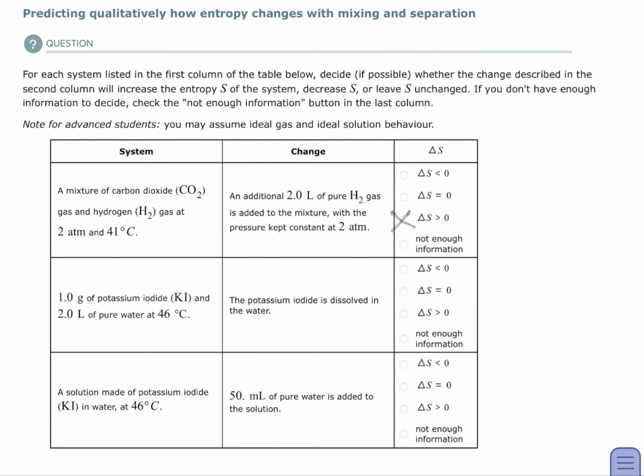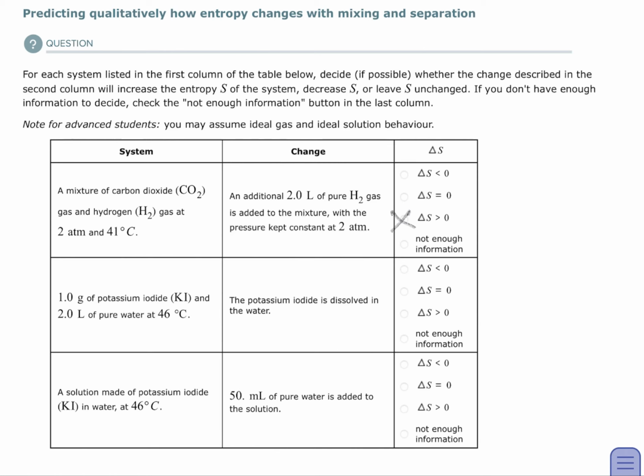So if temperature is constant and the total volume doesn't move, then those are your only exits on the highway. If all of those are solid, then you can anticipate that if you add them together, you're going to have more entropy.